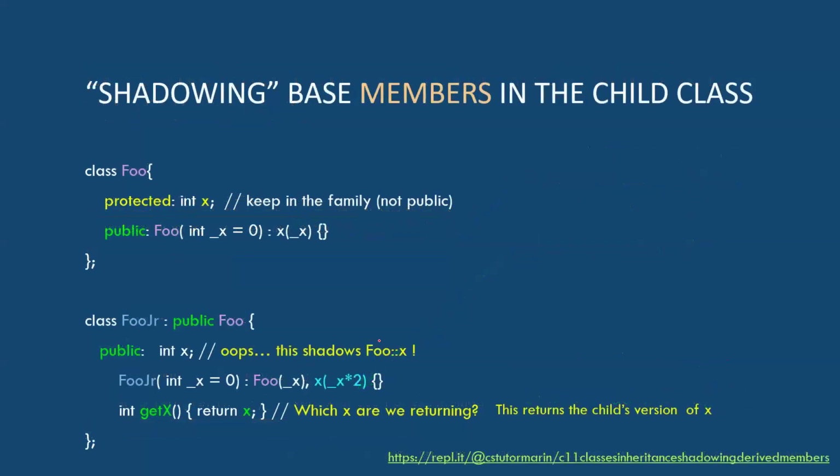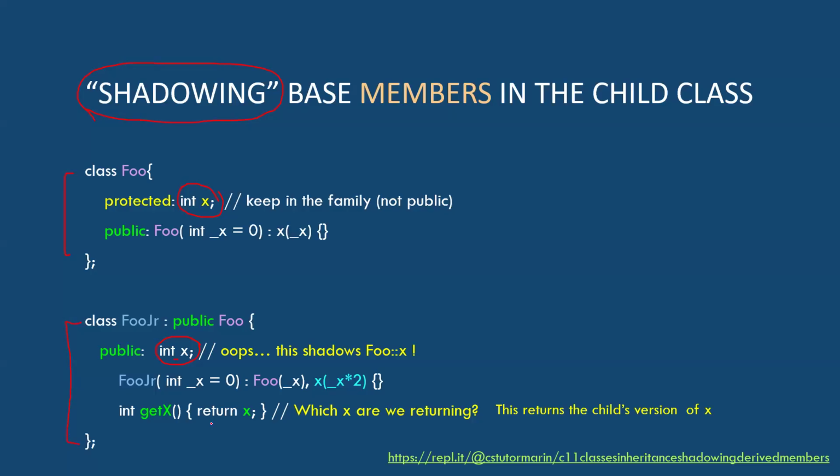Now, shadowing is one word I use to describe sometimes the accidental process of creating the same named variable in one place that exists somewhere else. We've often done that in methods where we accidentally create a data member in a method when it already exists in our class. This is similar. I have an X in my base class, and now I've created an X in my derived class.